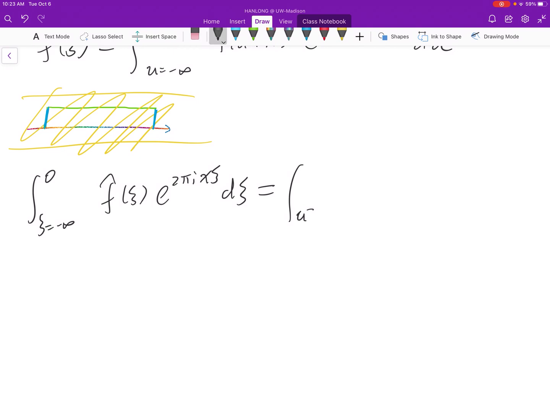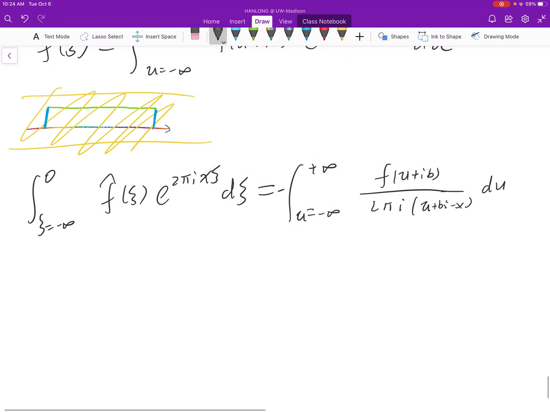You have that this is the integral from negative infinity to positive infinity of f(u plus ib) divided by 2 pi i (u plus bi minus x) du, which is negative 1 over 2 pi i times the integral along L b of f(z) over (z minus x) dz.